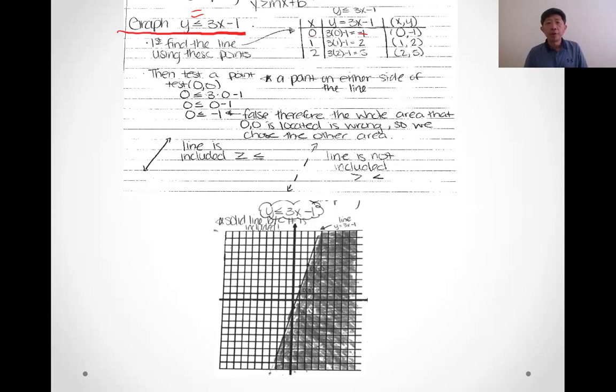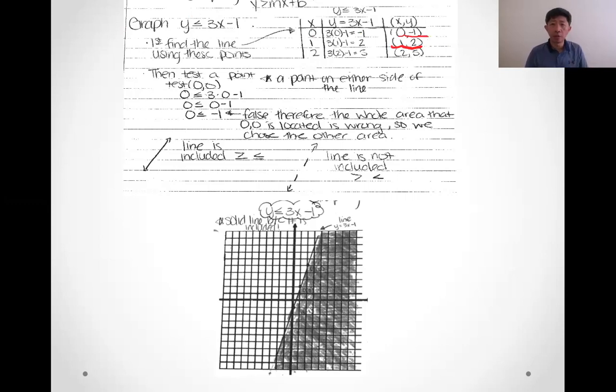Next, what about I pick the number 1, okay? x is equal to 1, I plug in here. y equals 3 times 1, which is 3. 3 minus 1 is equal to 2. So therefore, I got the point 1, 2, right? And last time we talked about how many points we need to determine a line. 2 points, right?